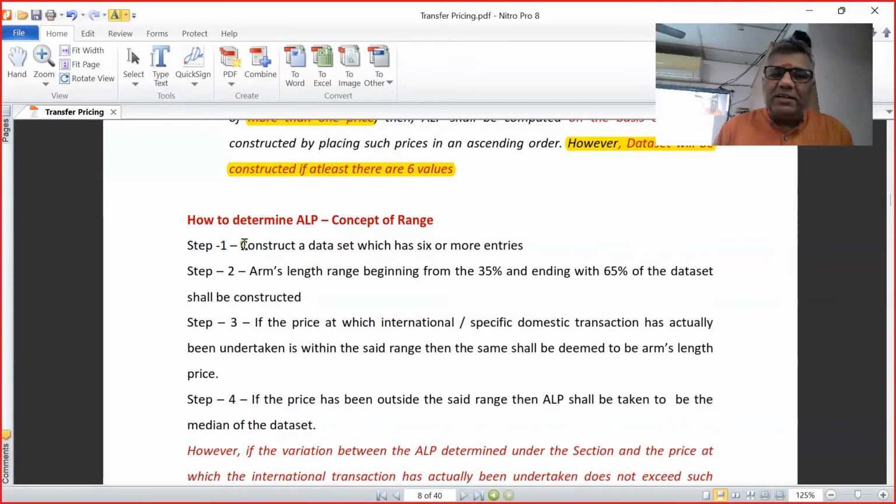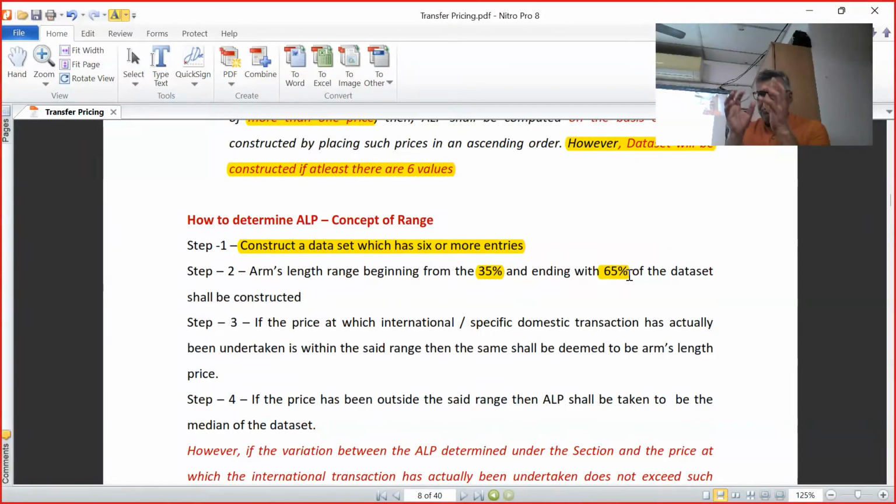Construct a data set with 6 or more entries, arranged in ascending order. The arm's length range beginning from the 35th percentile and ending with the 65th percentile shall be constructed.